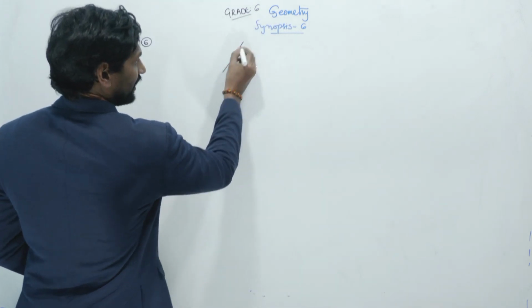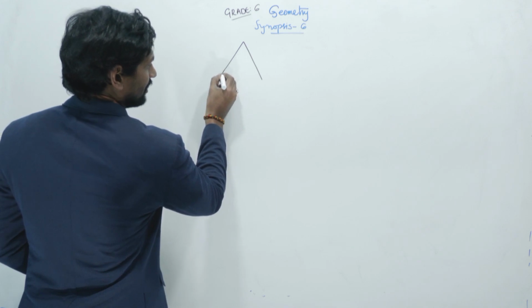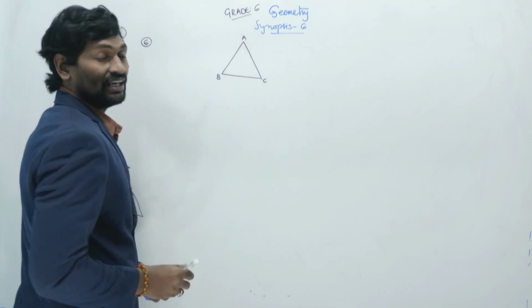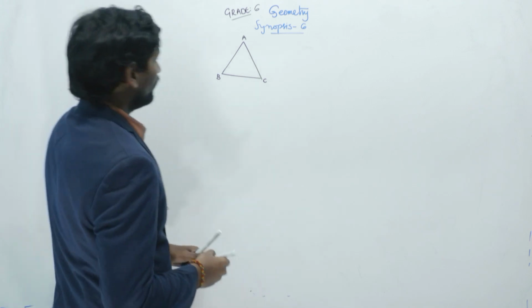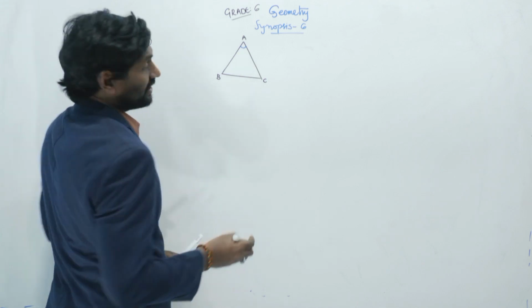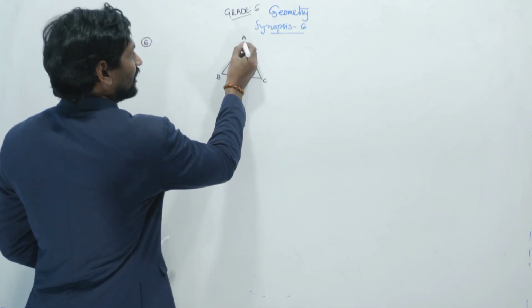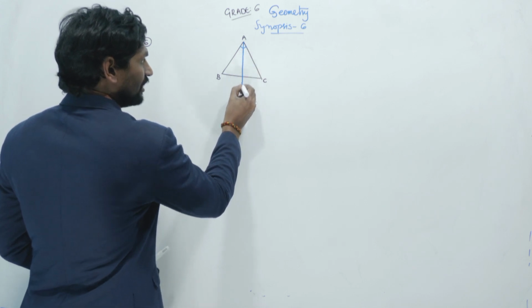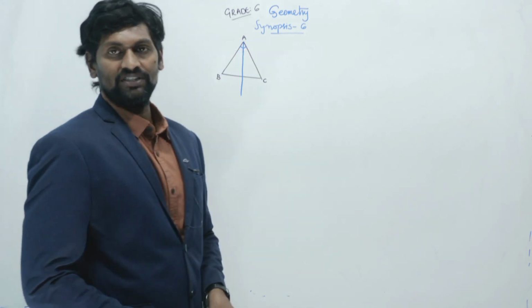For example, we are taking a triangle like this, triangle ABC, and the vertical angle of the triangle's bisector. That means if I am taking the triangle angle A, its angular bisector divides the angle into two equal parts.